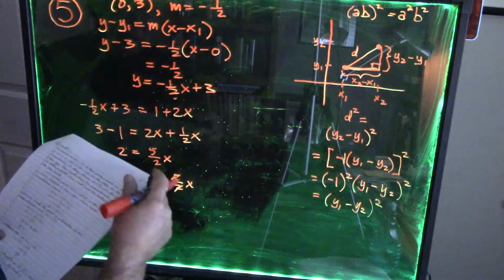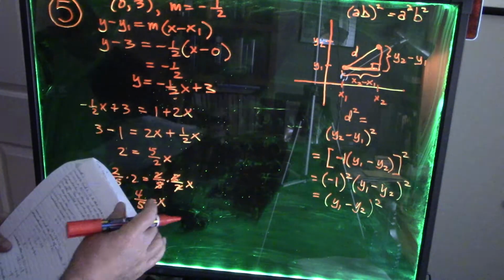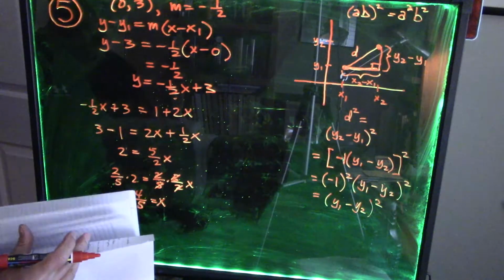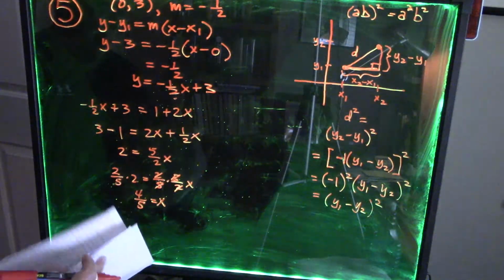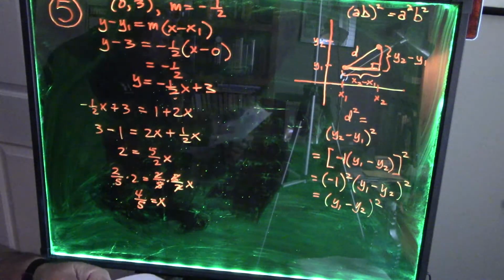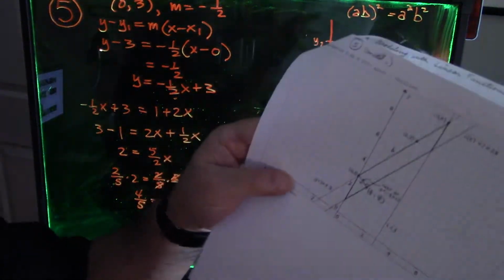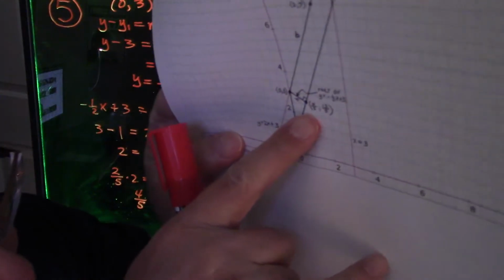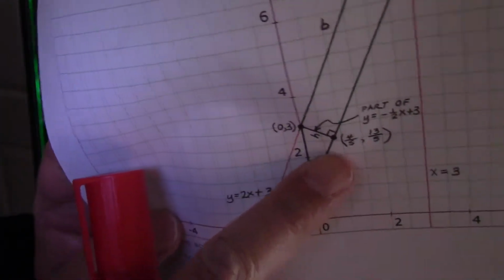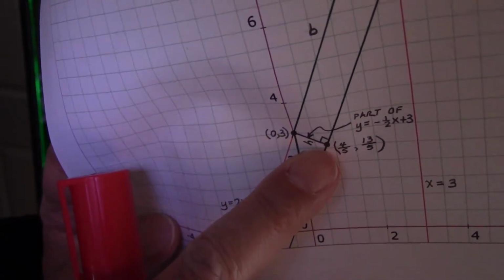We need to substitute this into the formula for f of x to find the y value of that point. If you look back at the diagram of the situation, we know the x coordinate is 4/5 right there.